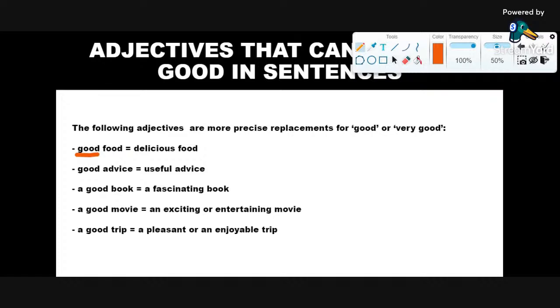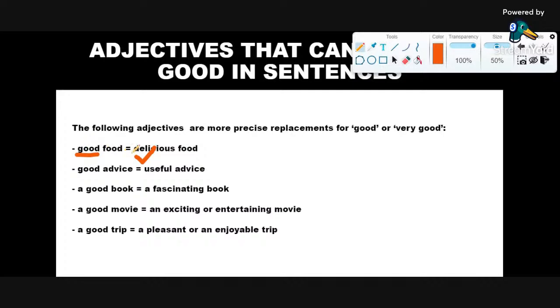All right? So if you are describing the taste of the food, you can use a more specific adjective like delicious, okay? But if you are talking about the safety, then you can say edible, something that is eatable, is good to be eaten, can be described as edible.